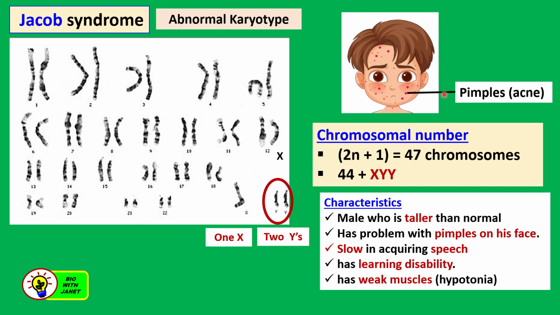In some books, the medical term is acne. So the A for Jacob can also stand for acne, but you have to write pimples in brackets because the textbook uses the word pimples. The more widely used word is acne. He is slow in acquiring speech, has a learning disability, so learns very slowly, and has weak muscles. This condition is called hypotonia.